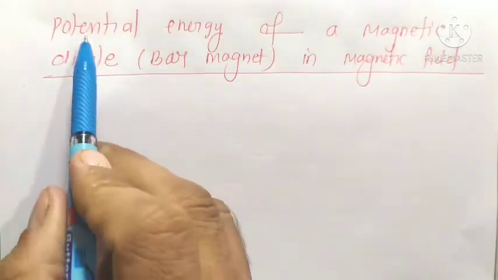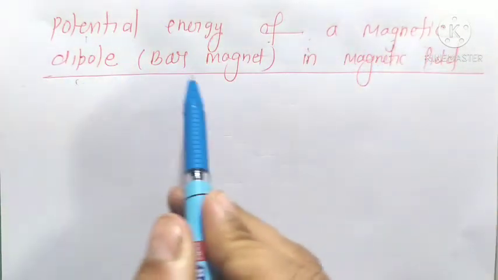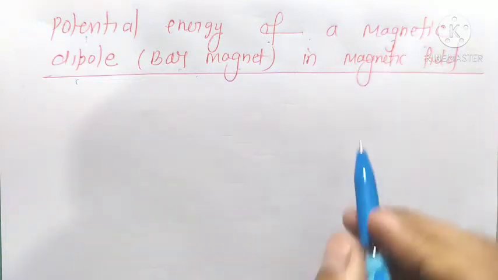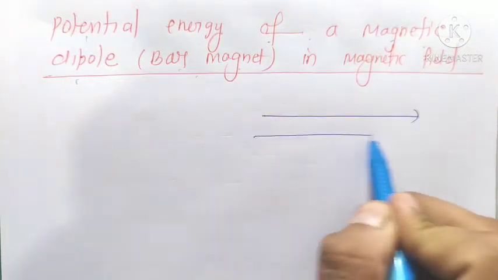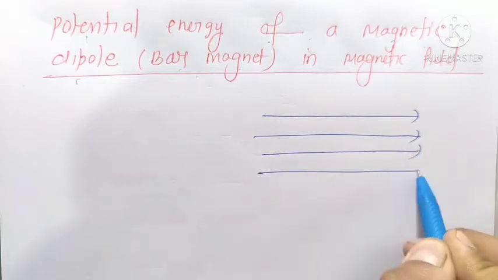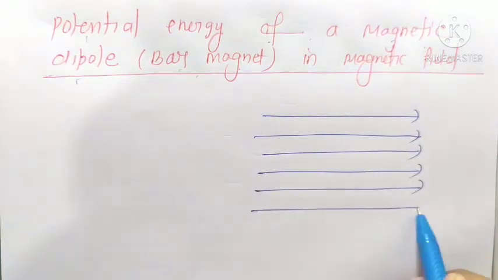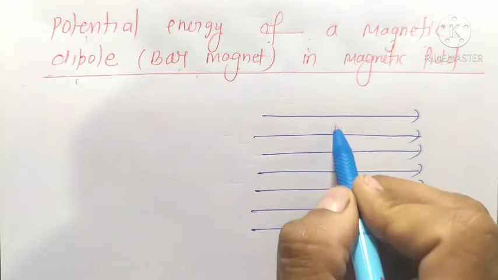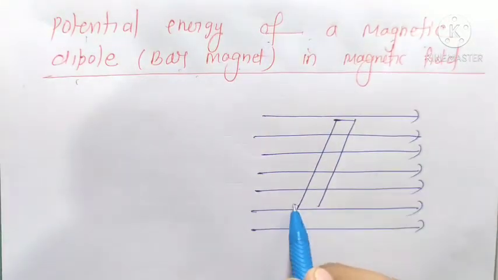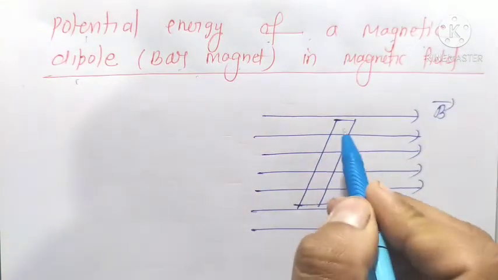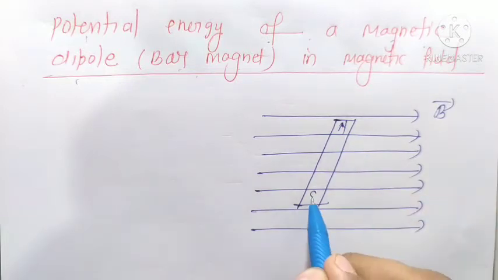Our next topic is the potential energy of a magnetic dipole, I mean a bar magnet, in a magnetic field. Here we take a uniform magnetic field and put a bar magnet inside it. The bar magnet has two poles, north pole and south pole.